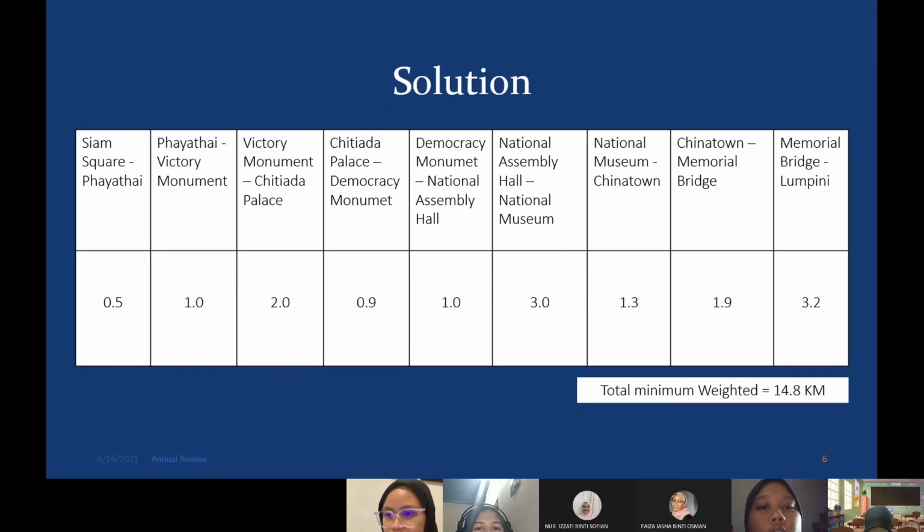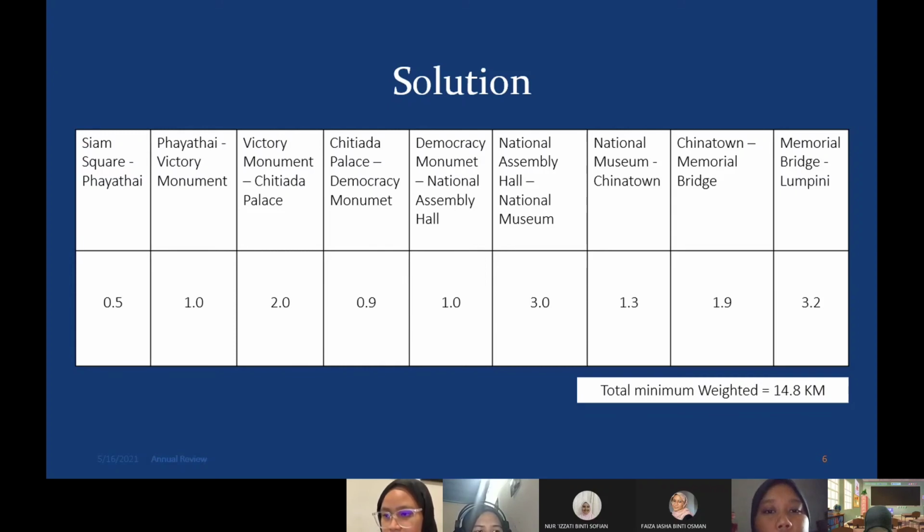So we start from there, and the length is 0.5. Then from Payatai, we go to Victory Monument, which is 1.0 kilometer, and then from Victory Monument to Tiada Palace is 2.0 kilometers. From Tiada Palace to Democracy Monument is 0.9.